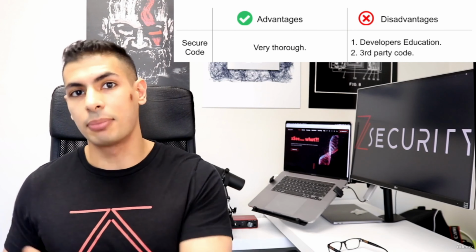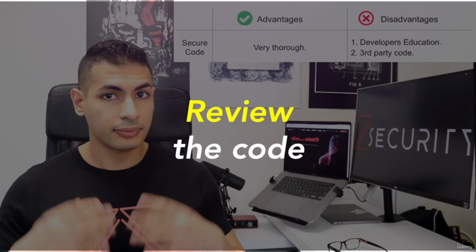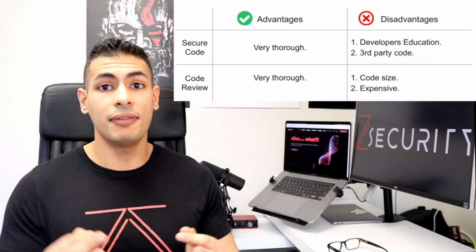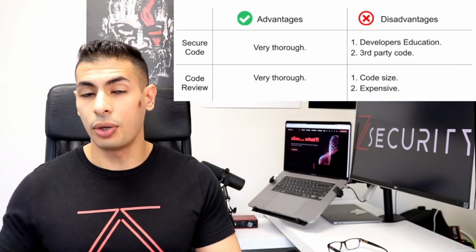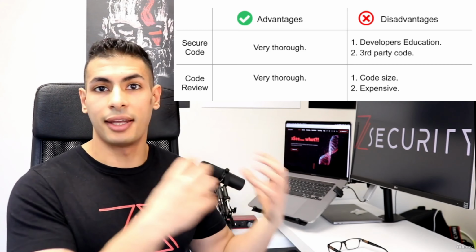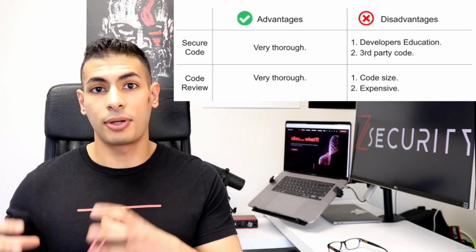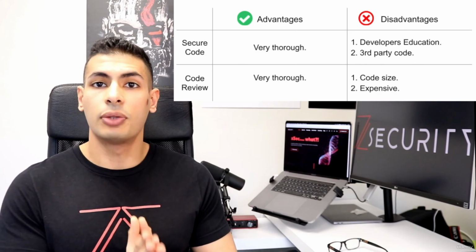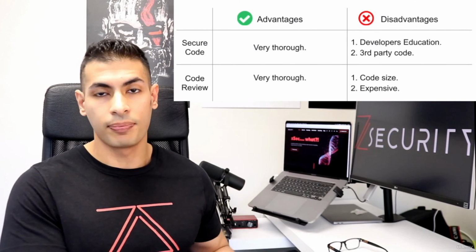Which brings me to the second point, review the code. This is actually really good, even if you wrote the application yourself and even if you made sure that you write secure code. It's a really good idea to get that code reviewed by other developers or another team, just in case the developers that wrote the application missed something or overlooked something, then it will be caught at the review stage.